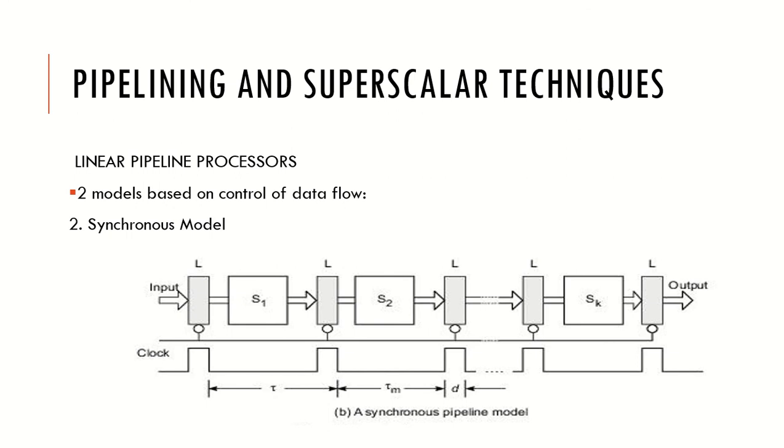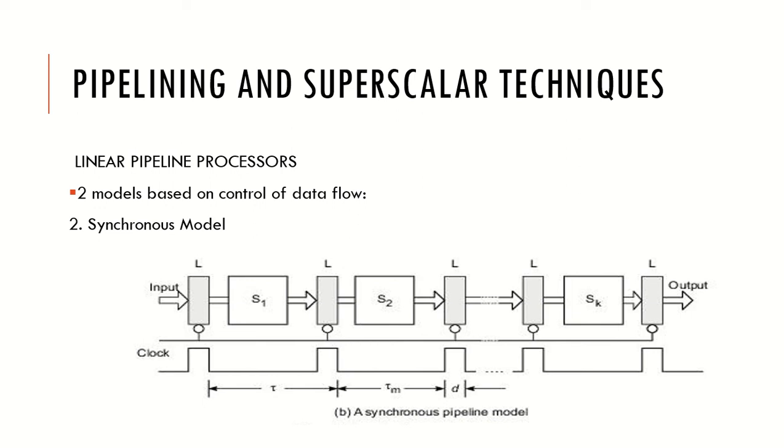As you can see, in the case of a synchronous model, there is something called a latch that is associated with each of the successive stages of the pipeline. Each individual stage, right from S1 to SK, has its own latches. These latches are connected to the global clock, which helps alert the stages to be active at the same time.